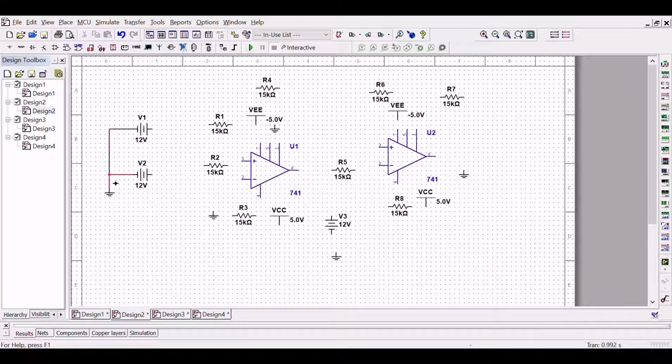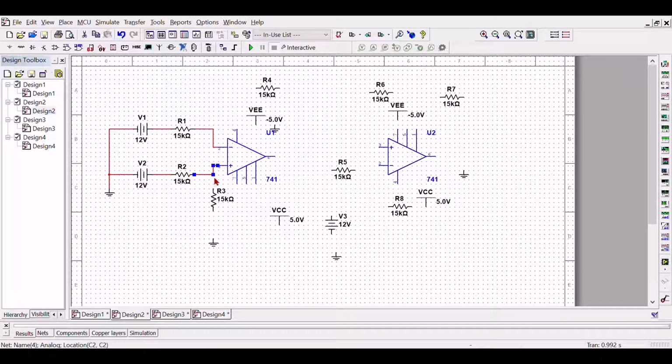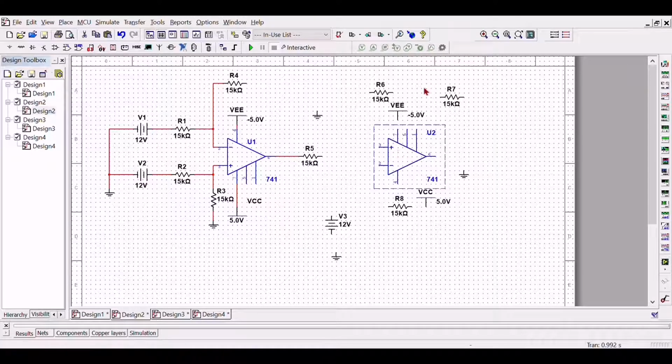And then I connect all the components to become the circuit. In this question, for the first one, it used the voltage subtractor circuit, and the second operational amplifier used voltage summing. So then I connect it.